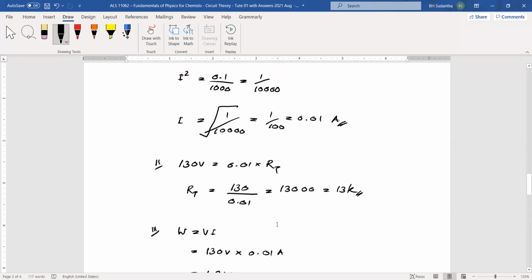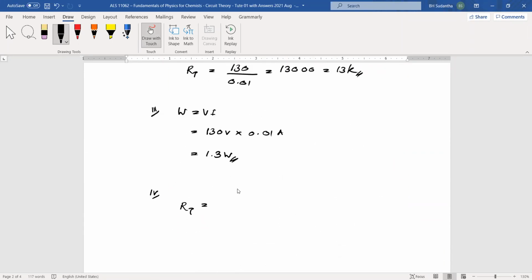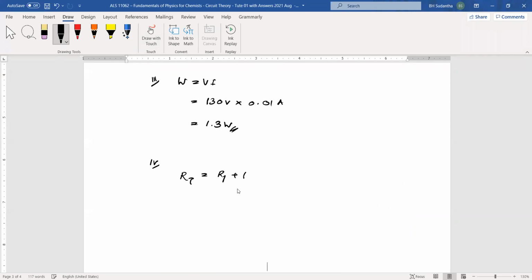RT equals, if we put this as R1, R2, R3 like that, plus R, this is 3K, 4K plus 1K plus R, and this is 13K, then R equals 5K.